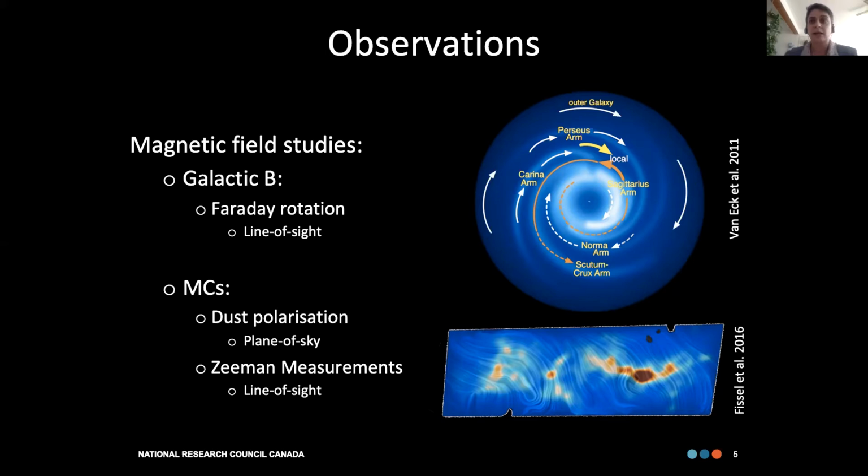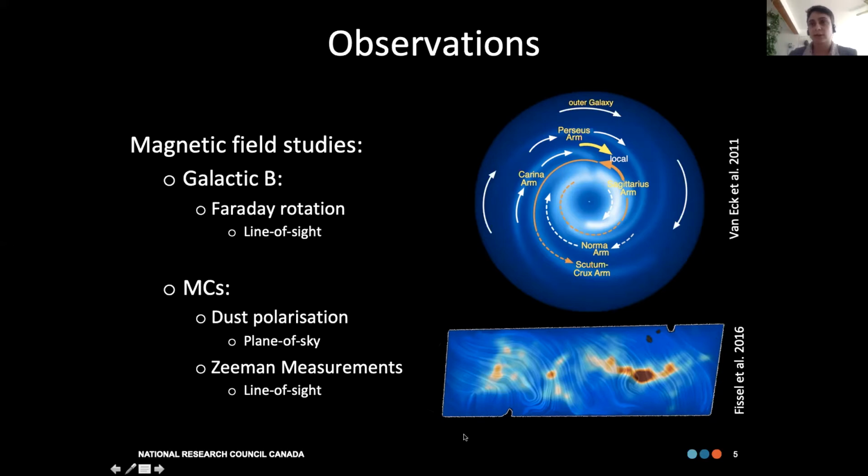And there have been many observations, including Planck, BLASTPol, and BISTRO, that map the plane of sky component of magnetic field in molecular clouds.